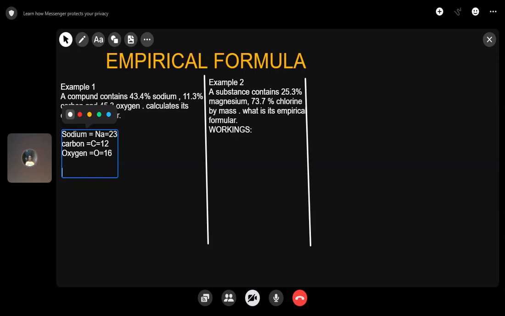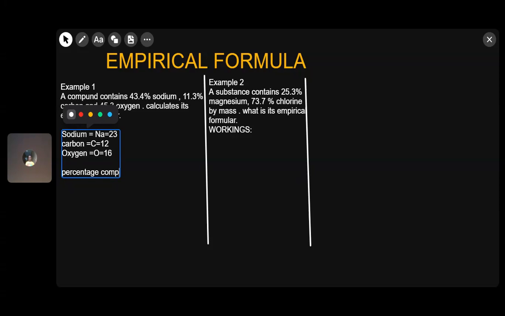These are the relative atomic masses here.